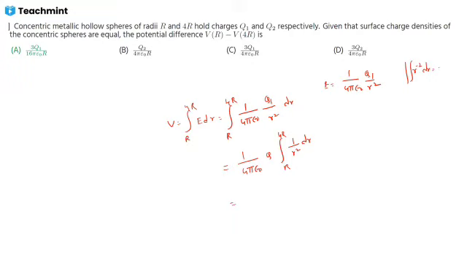So it is r power minus 2 plus 1 divided by minus 2 plus 1, that is r power minus 1 by minus 1, that is minus 1 by r.